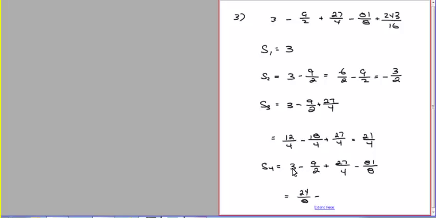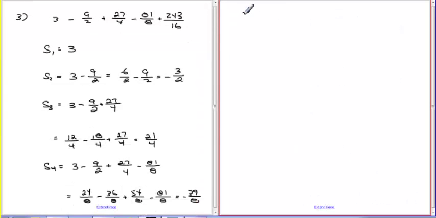We multiply numerator and denominator by 4 here, so we get 36 eighths. Here multiply by 2, so we get 54 eighths. And we subtract the next one, which already has the common denominator. So we get 24 minus 36 plus 54 minus 81, which is equal to negative 39 eighths.